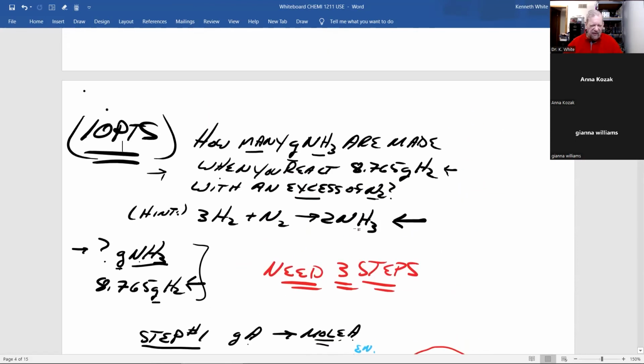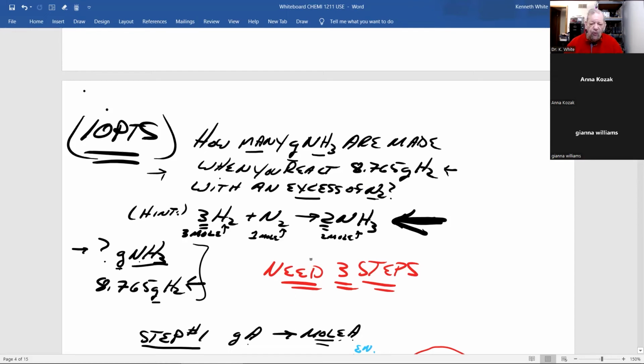From the balanced chemical equation. This tells us 3 moles of hydrogen react with 1 mole of nitrogen to make 2 moles of ammonia.